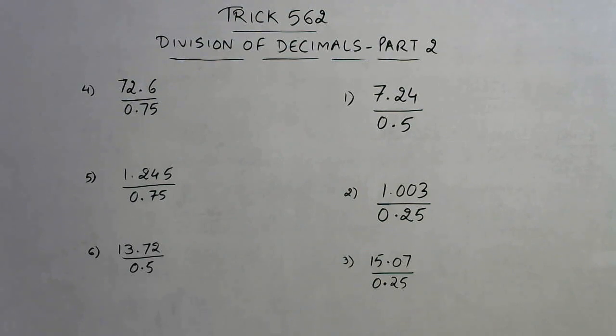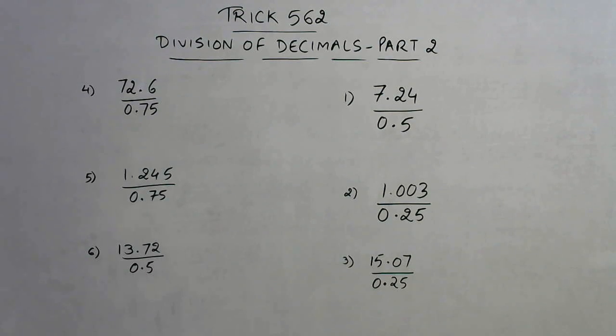Now see, division by 0.5 is nothing but doubling. Whenever we need to divide any number, whether in decimals or a perfect natural number, by 0.5, then we just double the numerator.